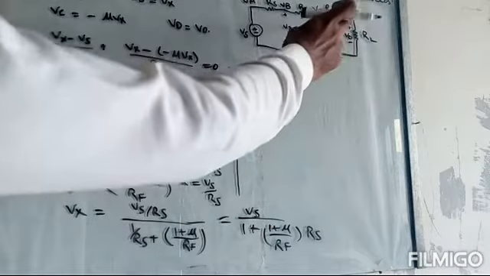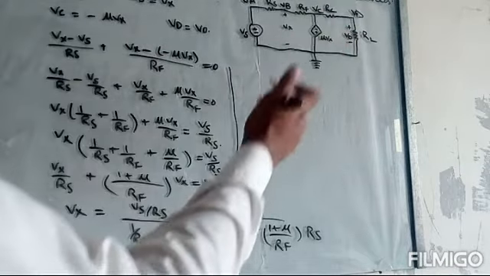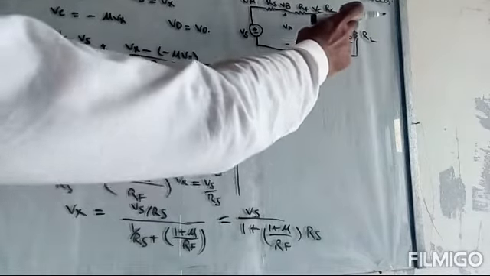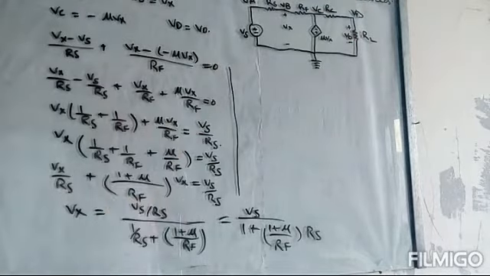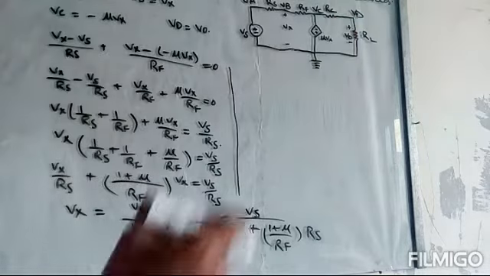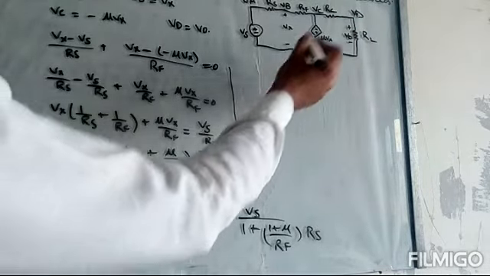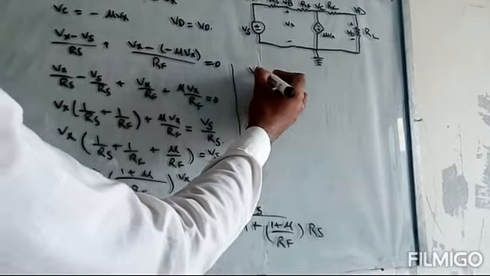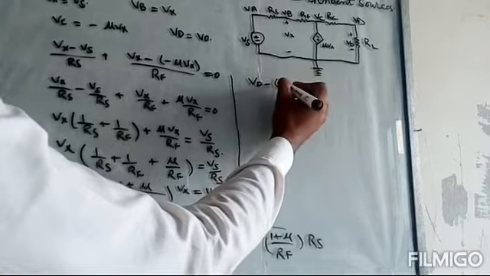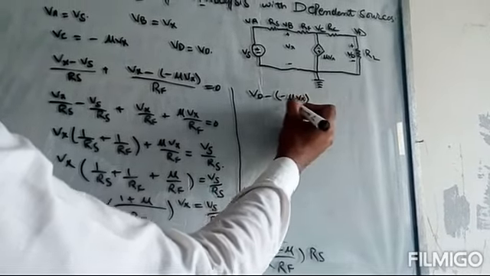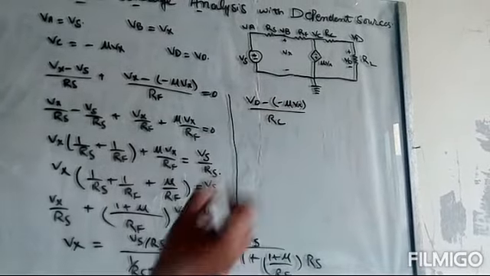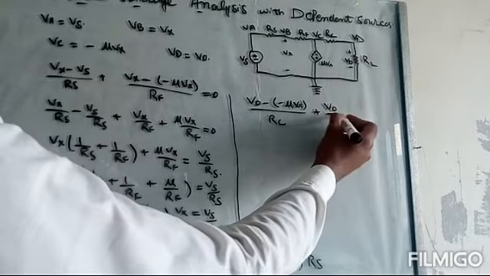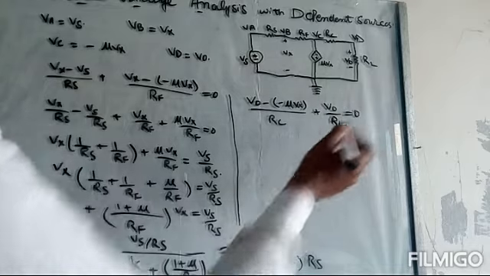Now we will write the node voltage equation for node D. VD is equal to V0 actually, so I am writing the KCL equation for this node. V0 minus VC divided by Rc, where V0 minus VC is V0 plus mu Vx, divided by Rc, plus V0 minus 0 divided by Rl is equal to 0.